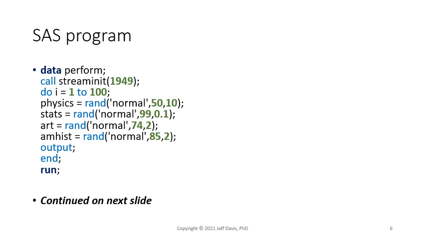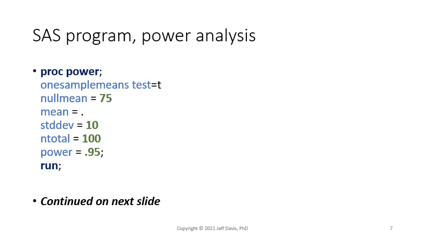All right, and then for our power analysis. Really, I could run a power analysis for each of the variables, but basically, I set this up so I told SAS, I want you to run a power analysis for a one sample means test.